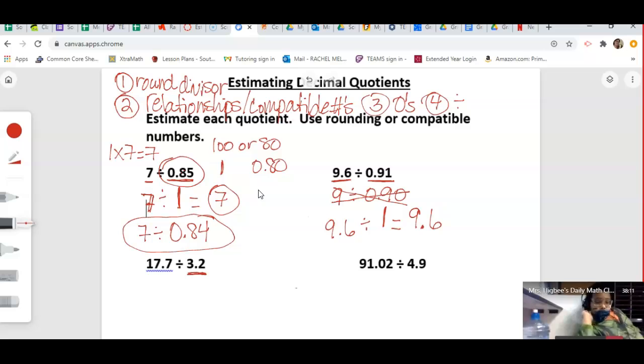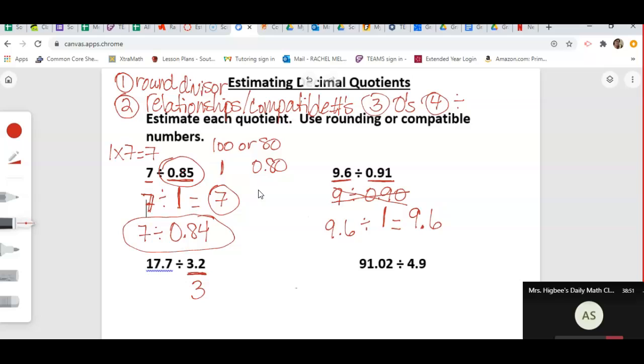Oh, sorry, Antoine, you were just about to say it. So, Antoine, what would you do to 3 and 2 tenths? I'm sorry, you would keep it the same as 3 and 2 tenths? Is that a number that you can work with quickly in your head? Antoine, I'm thinking that we would change the 3 and 2 tenths probably to 3. Okay. 3 is a more friendly number than 3 and 2 tenths.